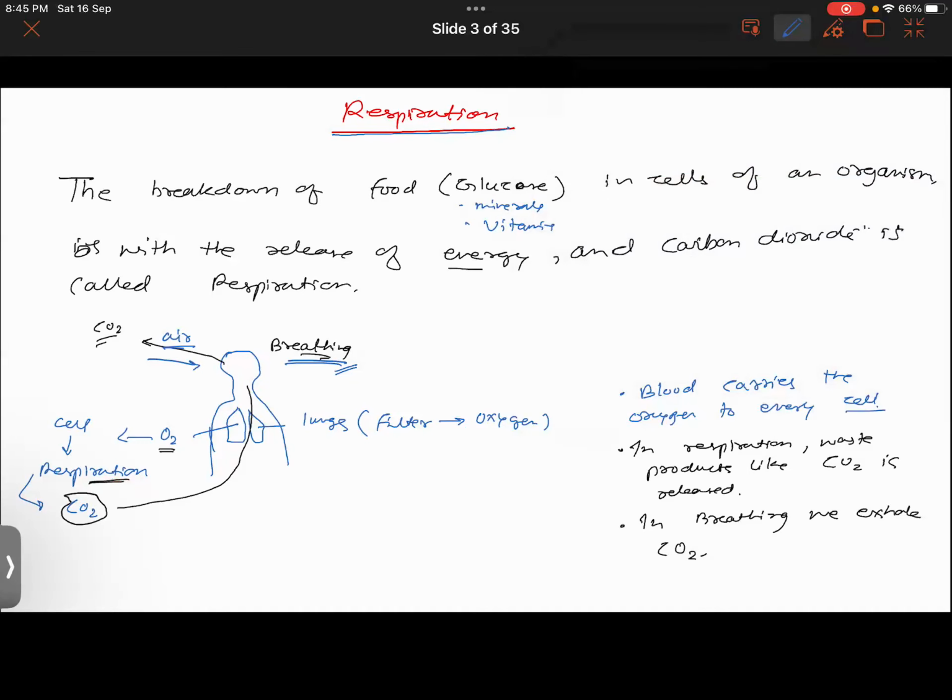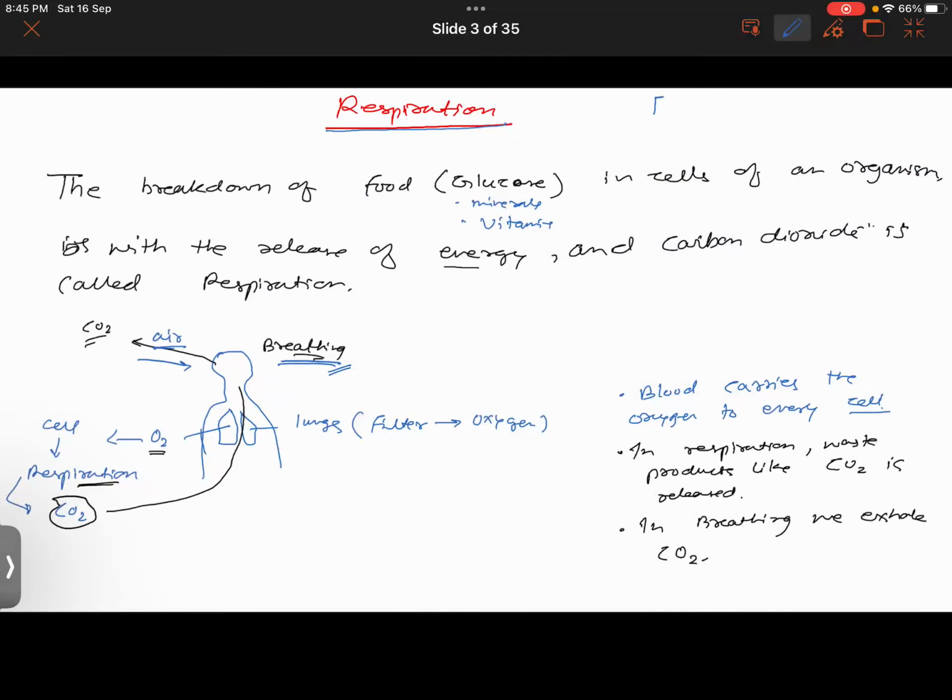Look, respiration is simply the breakdown of the food. Why we say glucose is because the majority of the food that we consume, like rice, potato, or different types of food, is rich in carbohydrate, although they might contain some amount of minerals, vitamins, and salts also.